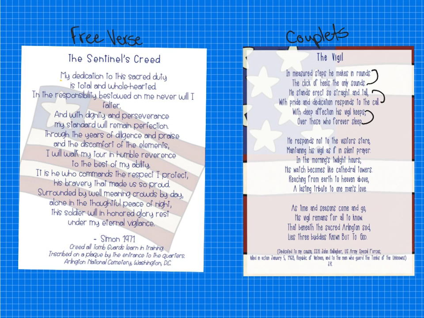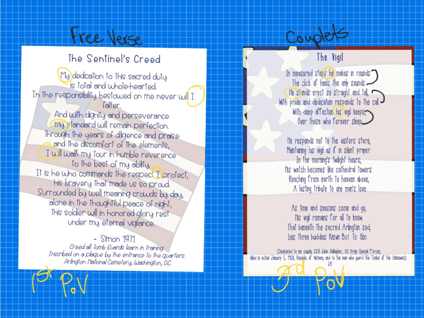We've already identified the idea of the my and the I here, making this poem being set in a first-person point of view. And then over here in the Vigil, because we're referring to a he and his, then we know that this one is written in a third person point of view.